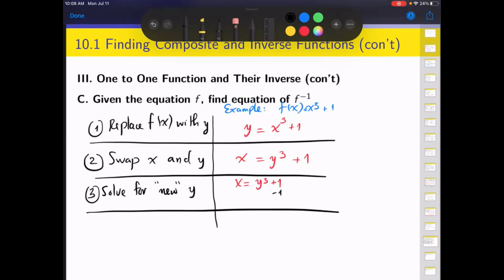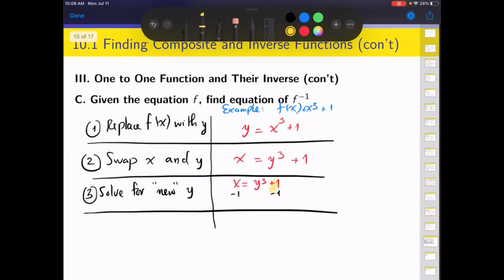Subtract 1 from both sides, right? That cancels. I have x minus 1 equals y cubed. How do you solve for y cubed? Cube root both sides. Cube roots, so make sure you have a little number 3 as the index. So on the right hand side, it's just y. On the left hand side it's going to be the cube root of x minus 1.